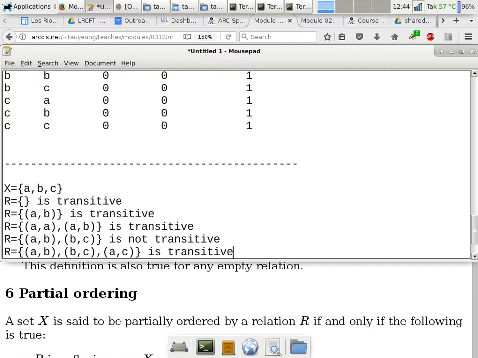Let's say we go to the last one, where it says A, B, C, and we put AC and then AC again.